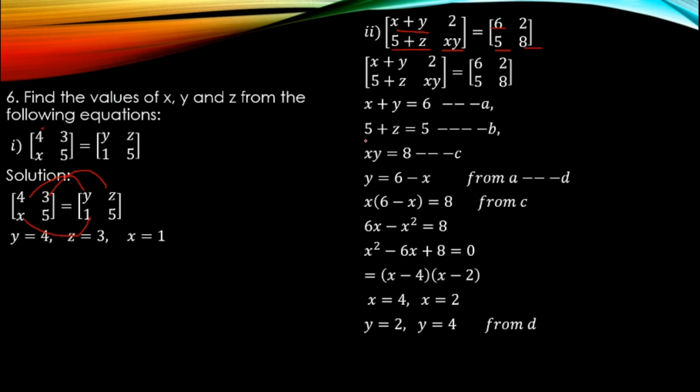You'll get it directly, right? So what is the value of z? I didn't proceed for this one. The value of z is 0. I didn't write it. Okay, I'm sorry. Next.